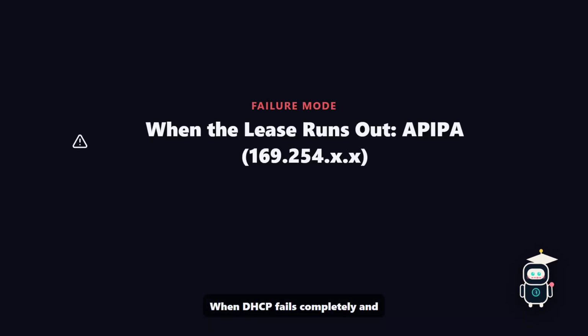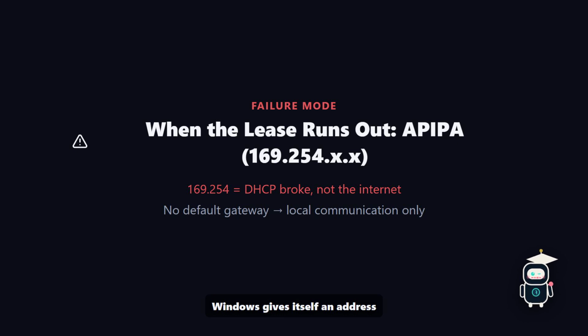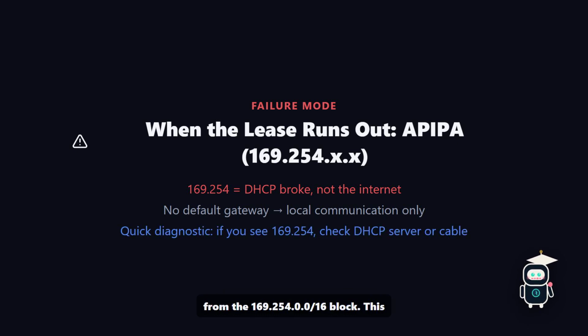When DHCP fails completely and the old lease has expired, Windows gives itself an address from the 169.254.0.0/16 block. This is APIPA, Automatic Private IP Addressing. It lets you talk to other APIPA devices on the same switch, but you get no default gateway. That means no internet, no network shares.